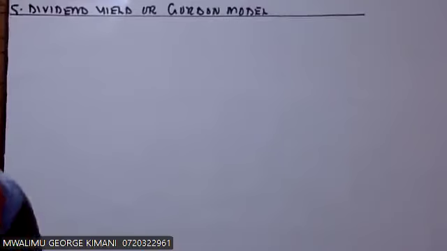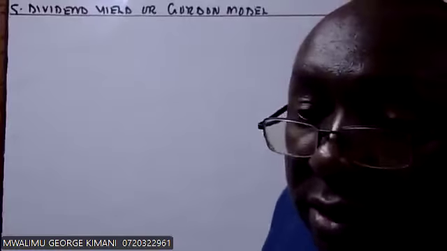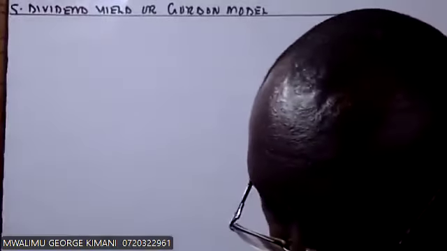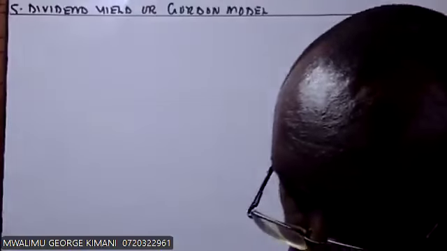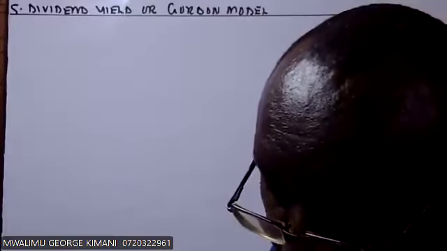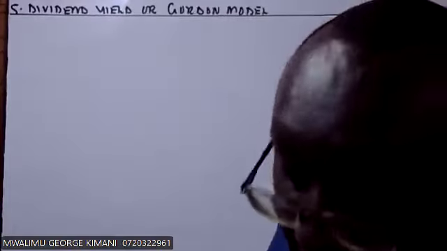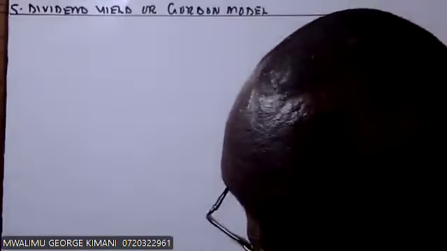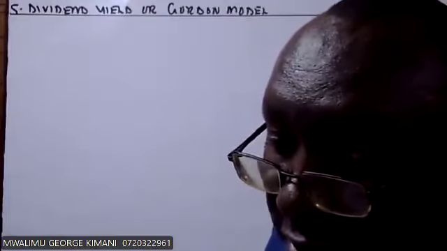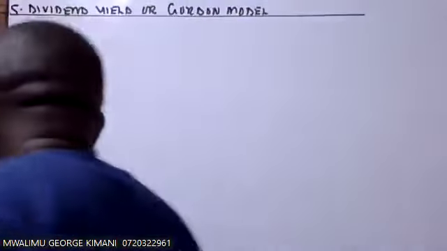The intrinsic value of a share is equal to the present value of all the expected dividends. Full stop. Then you write this formula.